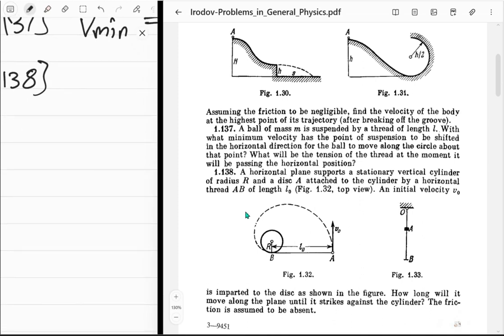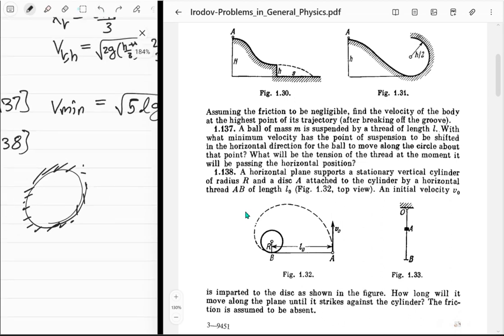So maybe this is going on a surface, and in that case as well, for it to barely complete a whole circle, g should be the centripetal acceleration, and that's why square root of 5Lg still works for this kind of thing, and for normal motion with a string attached.